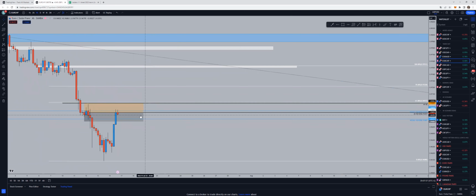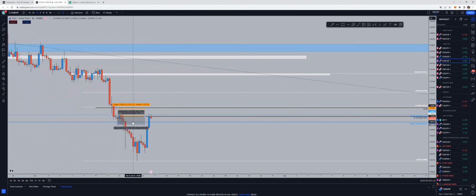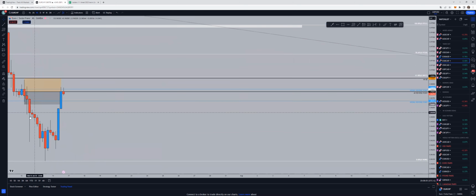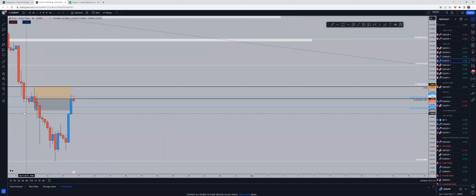So on the 4-hour, you could see it was also not the clearest, because on my back testing I had not a lot of screenshots about that, because if I zoom in, you can see this one is a blue candle. So this one was our low, new low. So this was our previous low, and then we had to close above it.